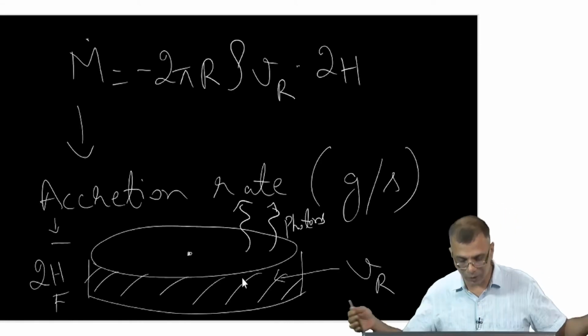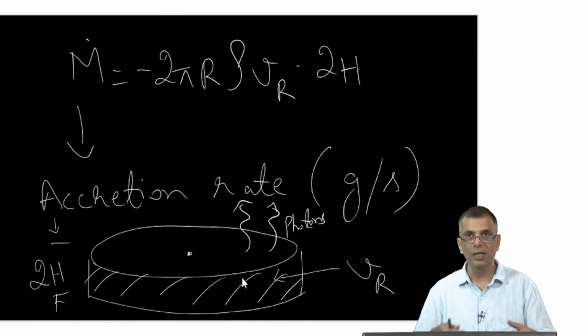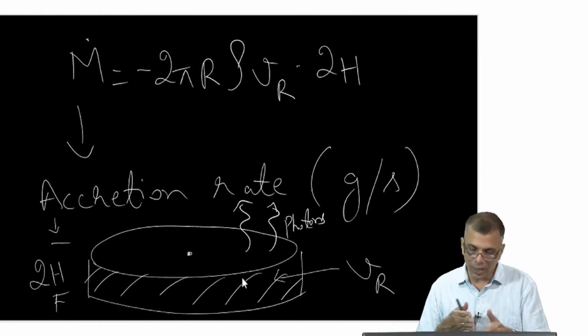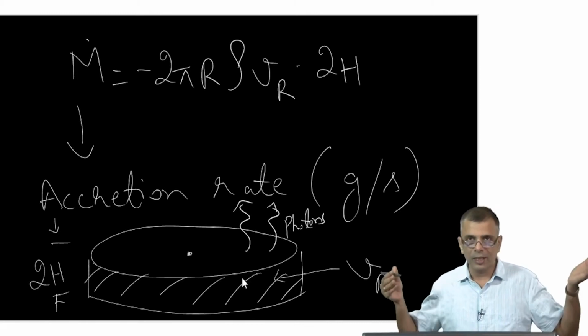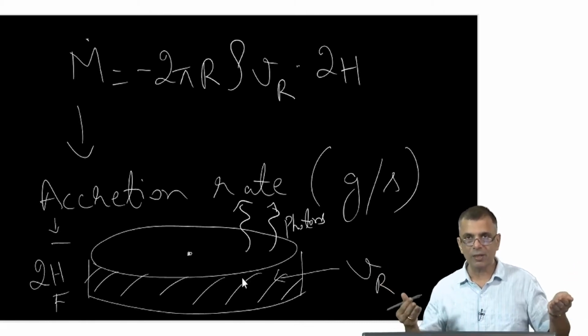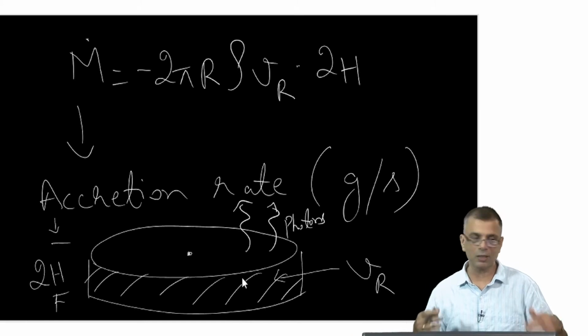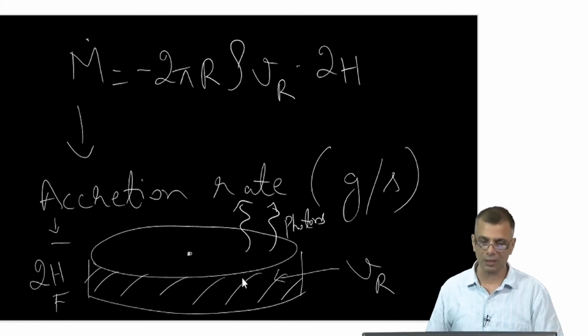The viscosity which enables the disk accretion to proceed results in heating of the disk, and the disk gets heated, its blackbody temperature rises and it emits electromagnetic radiation which enables us to see the accretion disk.